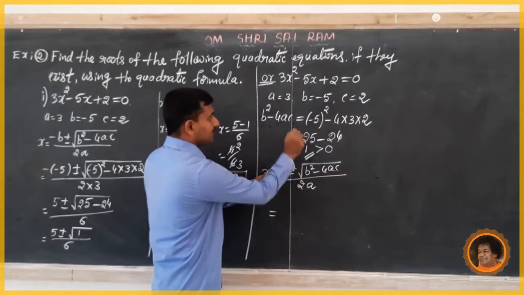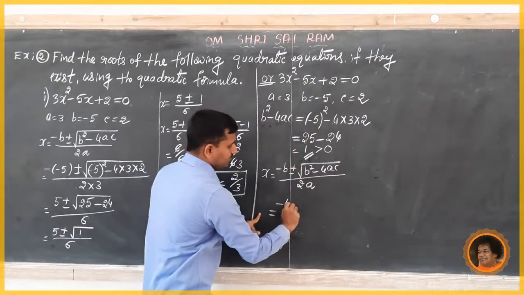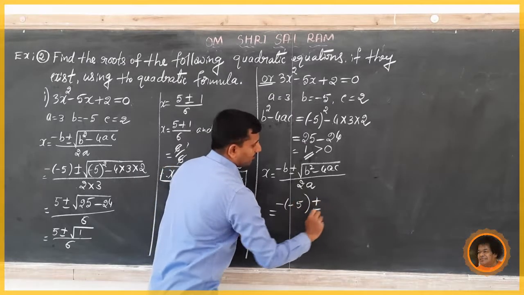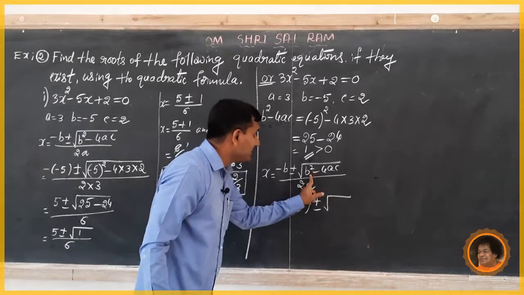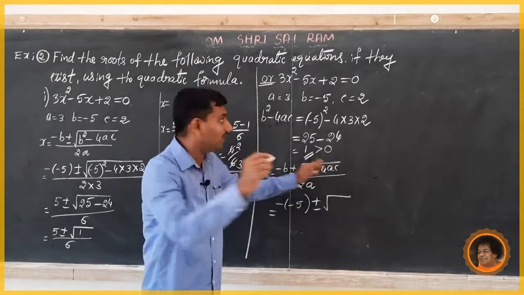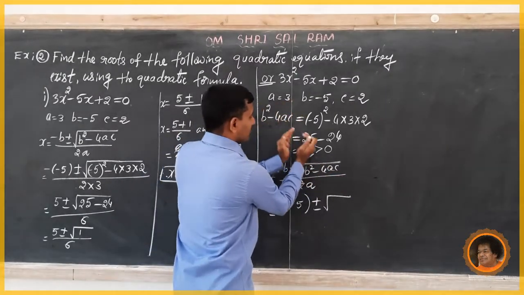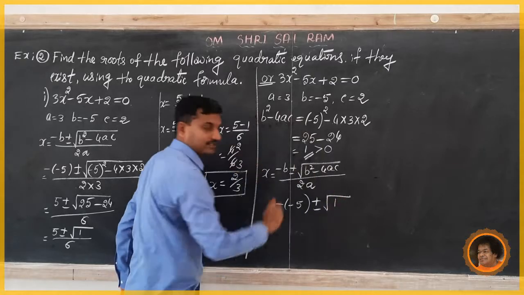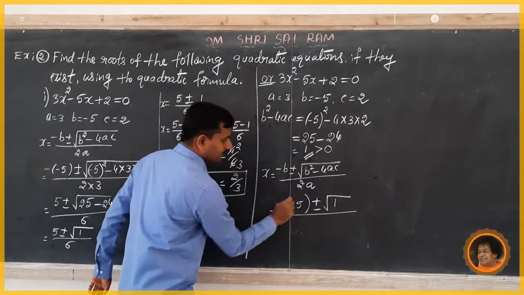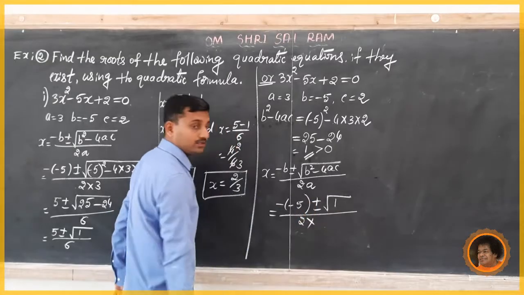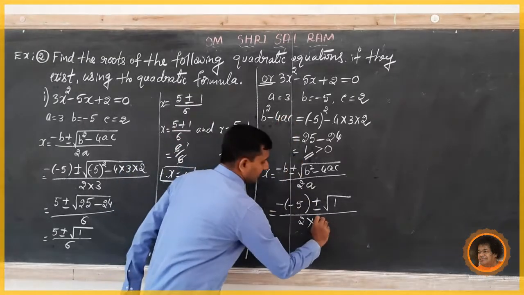Minus b means minus into minus 5, plus or minus square root of b square minus 4ac. What is the value? b square minus 4ac is 1. Directly substitute it, equal to 1, divided by 2a, 2 into the value of a, which is 3.